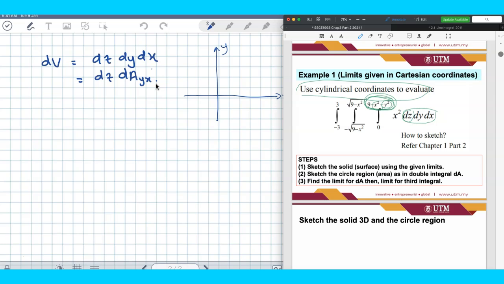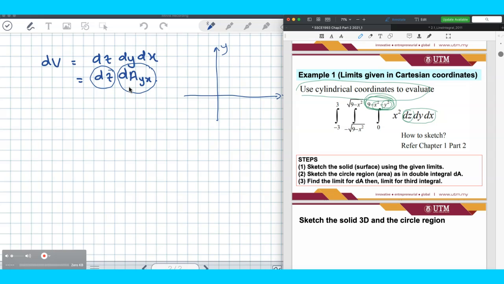You can determine the limit of z first, or you can look at the limits of y and x so that you have the information about the region. You can start with either one. It is up to you.